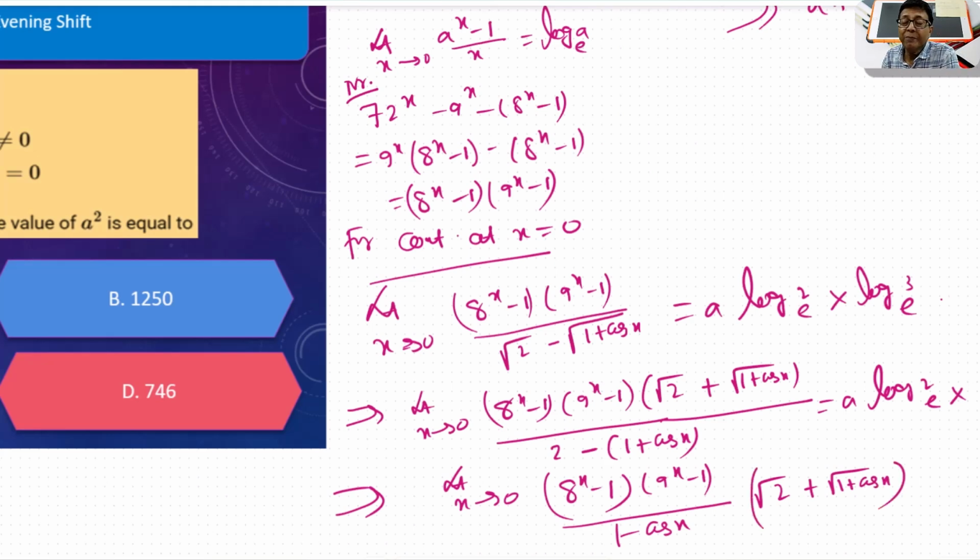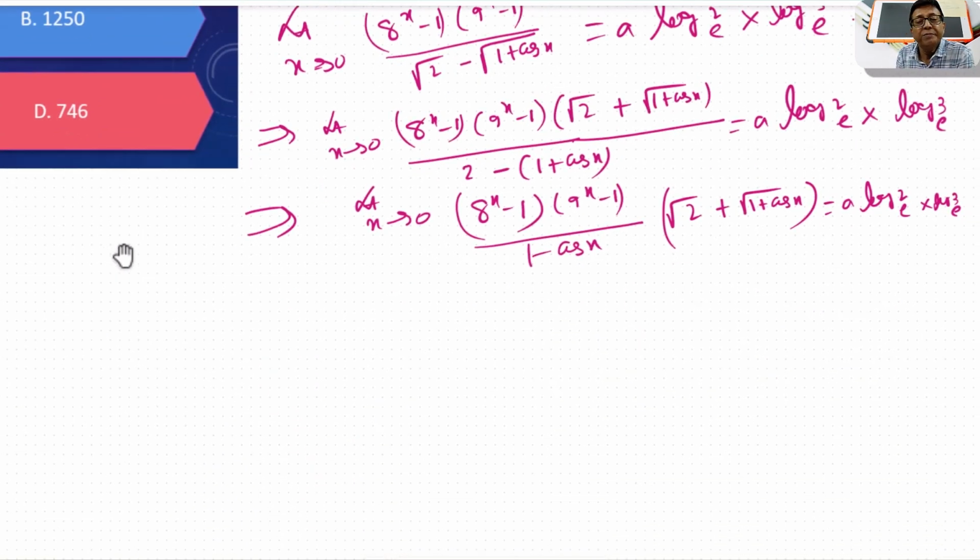Once you multiply it by this, it helps a lot, but here we don't need it, because I guess that we'll be getting 2 or 3 standard limits over there. This is log 2 base e, log 3 base e. Let us simplify it.